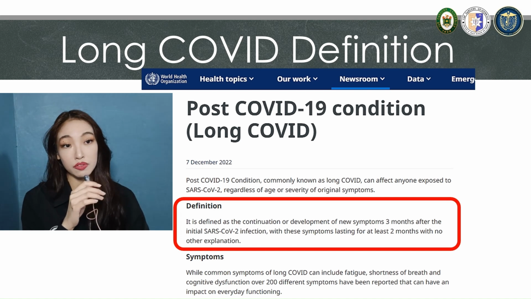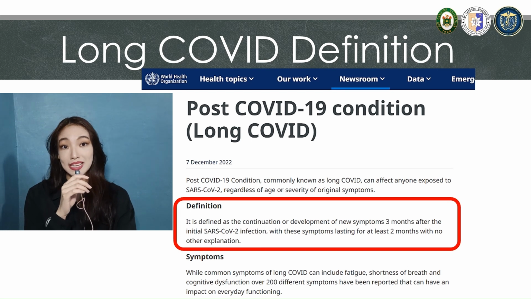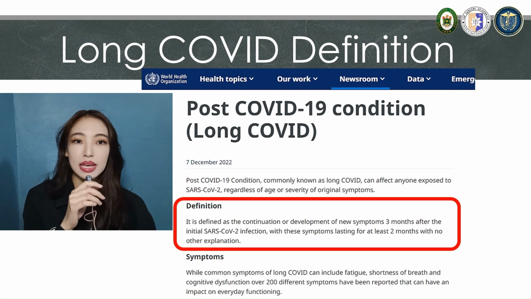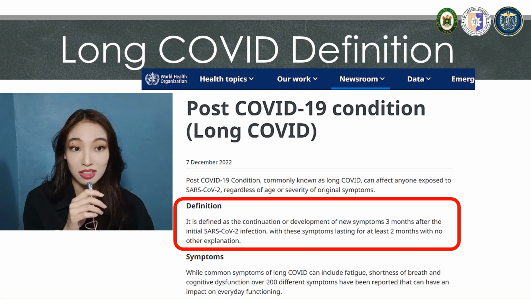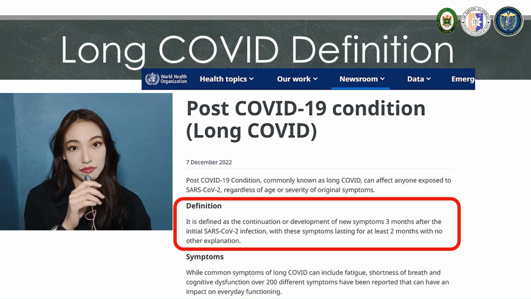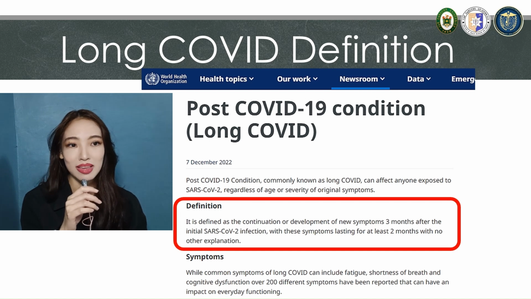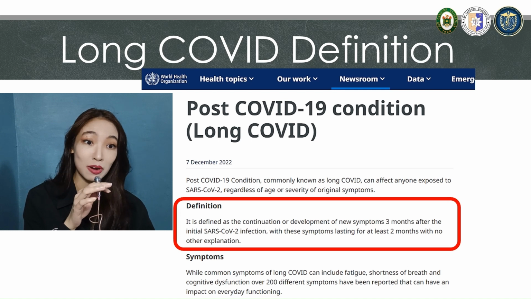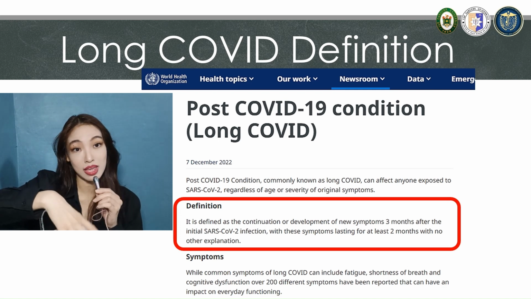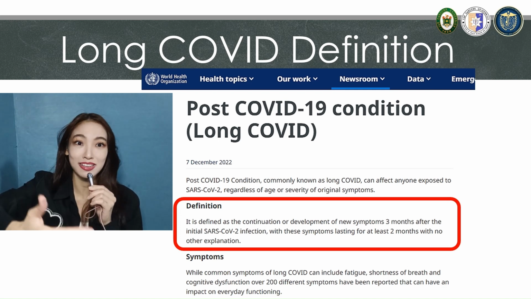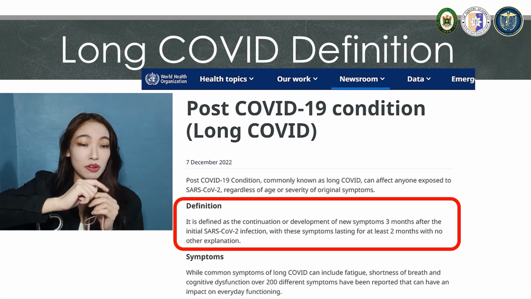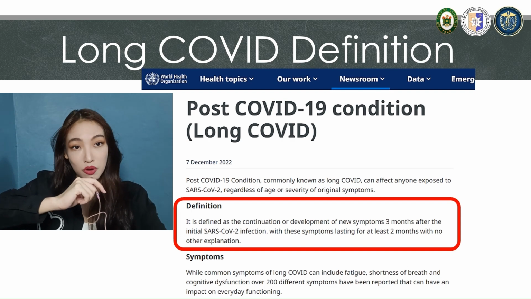While common symptoms of long COVID can include fatigue, shortness of breath, and cognitive dysfunction, there are over 200 other different symptoms that have been reported that can have an impact on everyday functioning. There are people out there literally living with the aftermath of their past COVID infection even after they've recovered from their initial exposure.